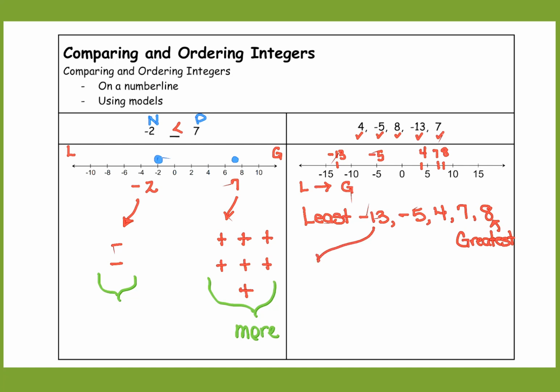Now grab your models again and let's show the positives and negatives for each integer. -13 should have 13 negative or minus signs. -5 has 5 negative or minus signs. 4 has 4 positive or plus signs. 7 has 7 positive signs.